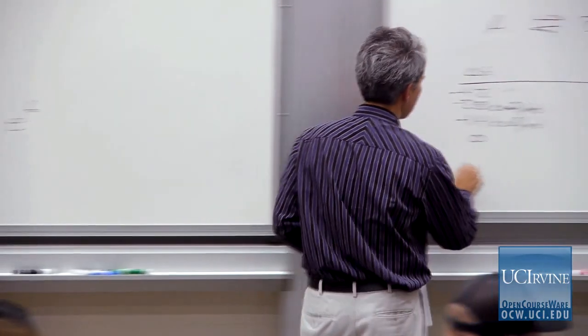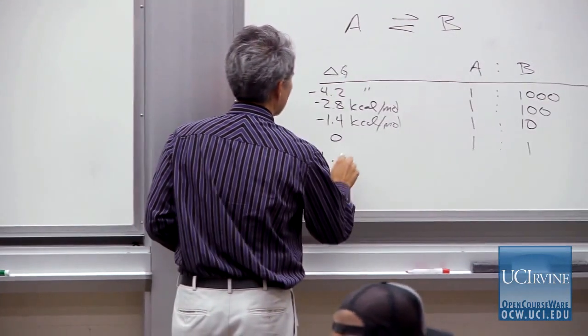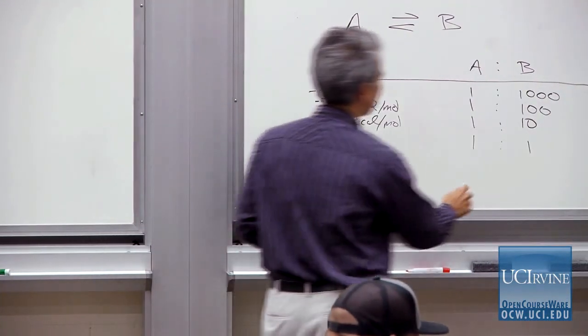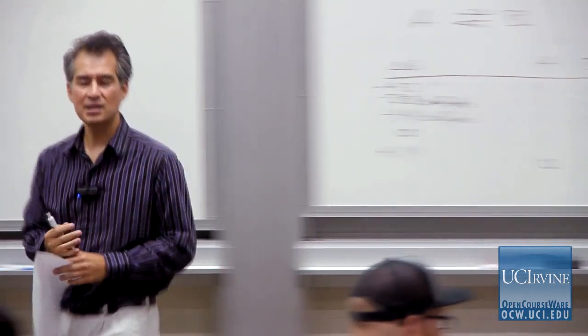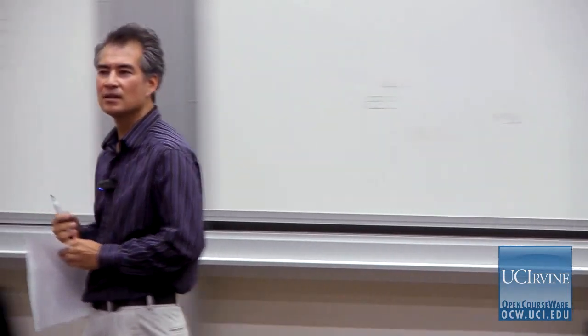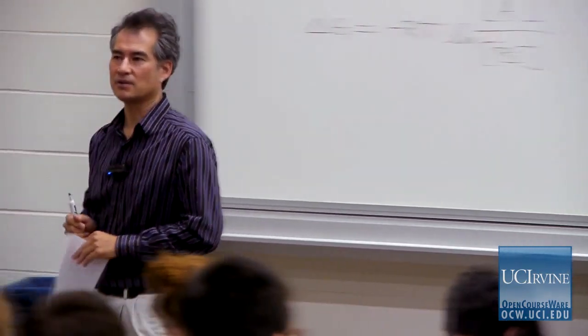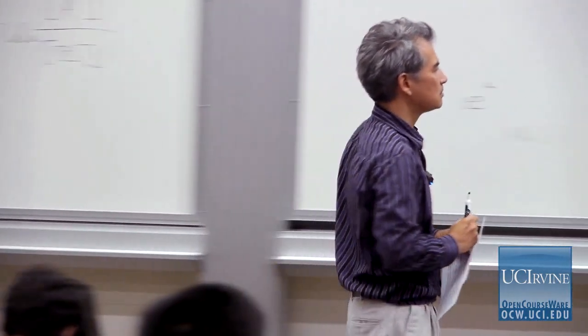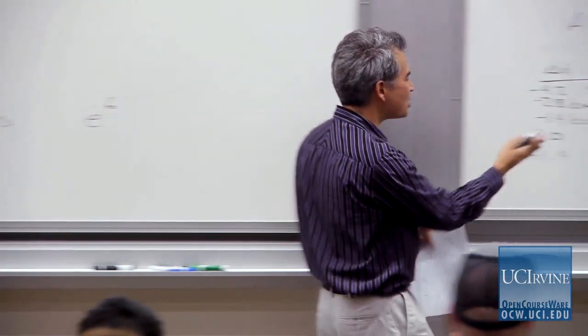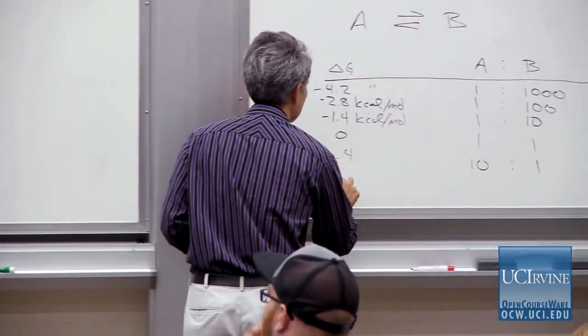And we can go the other direction as well. If the energy difference is positive 1.4 kcals per mole, now it goes the other way, 10 to 1 in favor of starting materials. You don't have a prayer of getting a good yield out of that reaction. Nothing you do can change that thermodynamic difference.